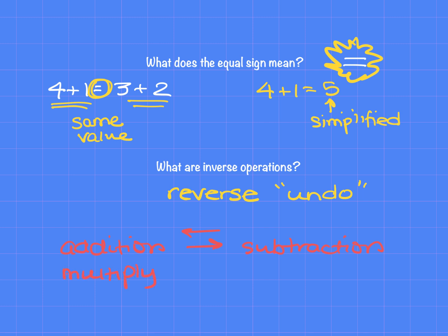If I multiply a value to make it a different grouping of something, the way to undo that grouping is to divide. Again, they are vice versa; they go back and forth. So addition and subtraction are inverse operations, and multiplication and division are inverse operations. We're going to use these two vocabulary words to help us understand how to solve one-step equations.